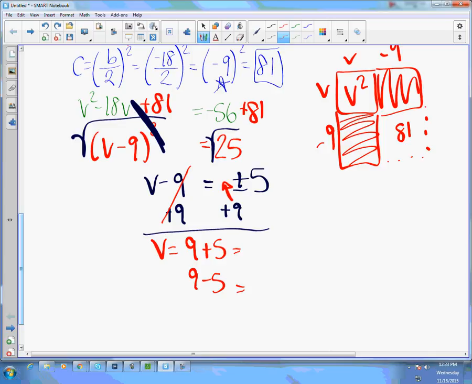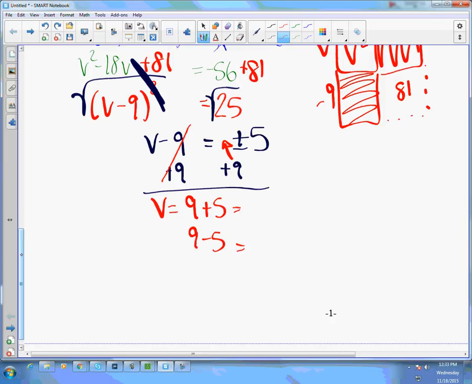Make sure you finish that. Don't just leave it like that. That's something to actually calculate. What's 9 plus 5? 13. Okay. And what's 9 minus 5? Those are our x-intercepts, or the solutions for the value of b.